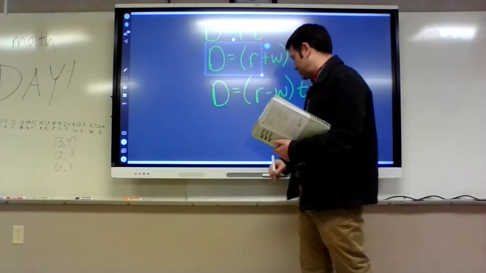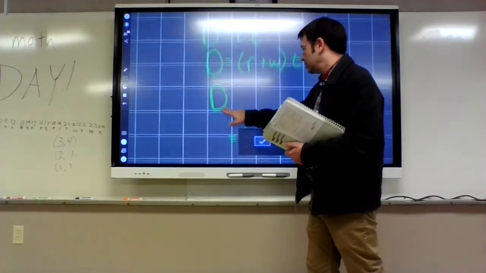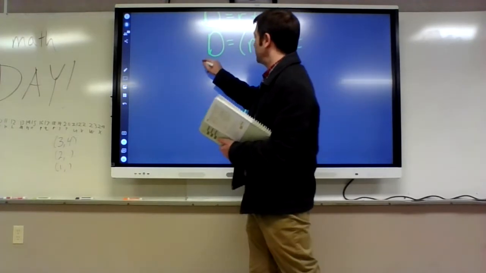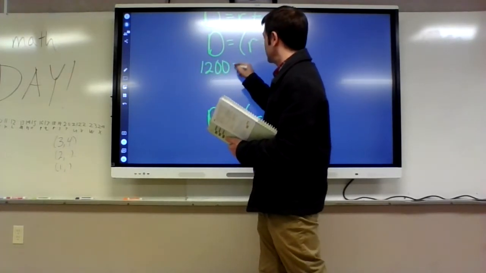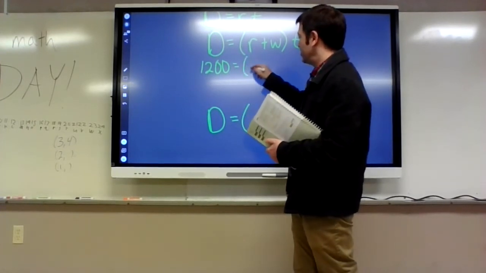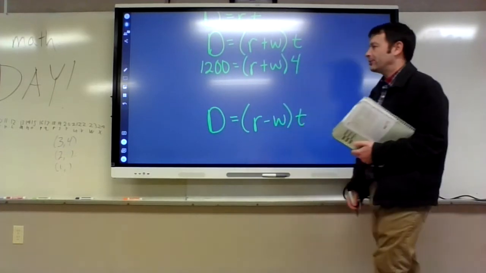I'm gonna put 1,200 where the distance was. And then it also says they're going for 4 hours. I don't know what these speeds are, but I do know it was for 4 hours.